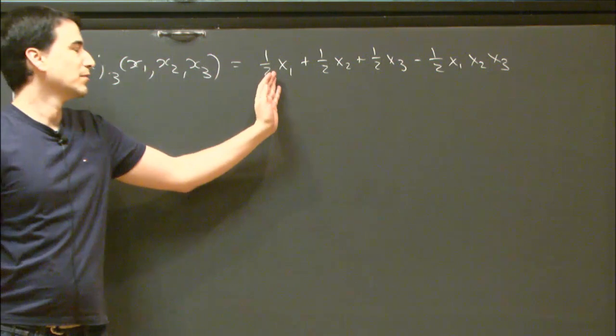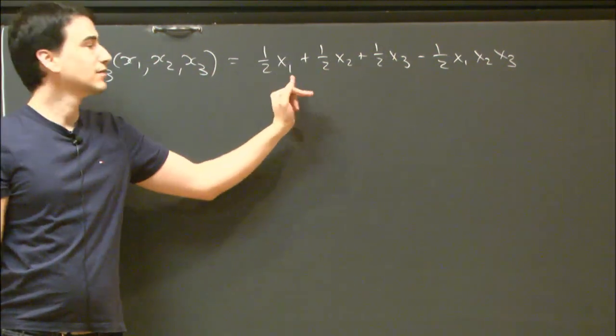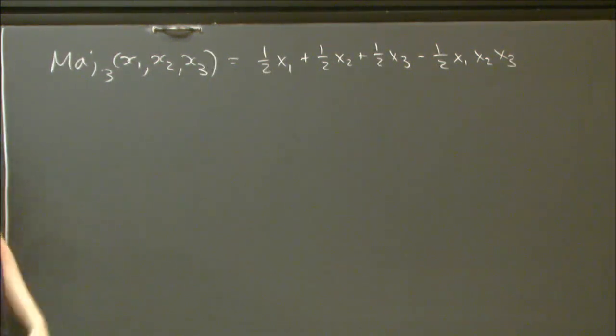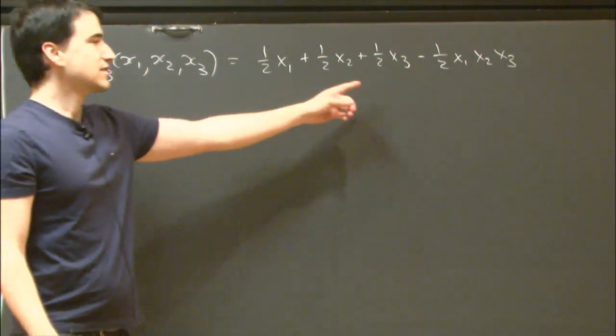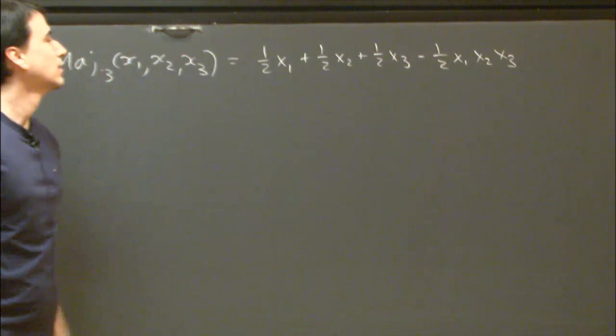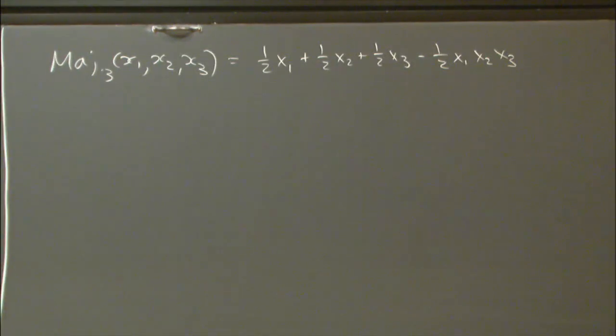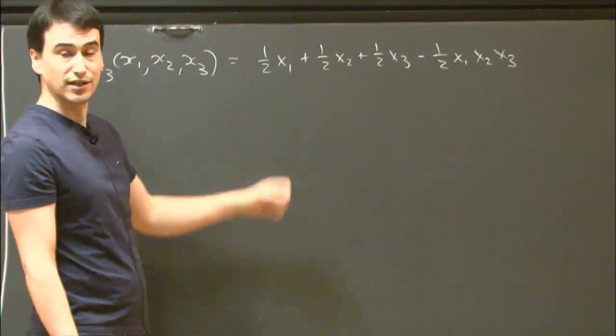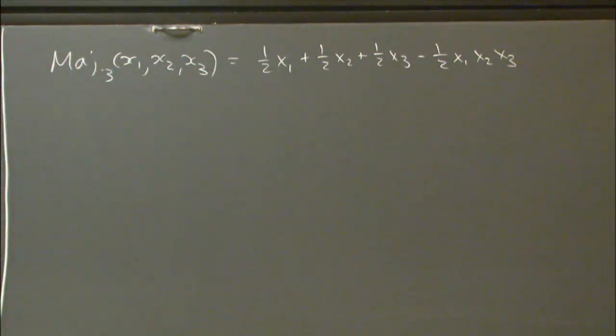For example, take all of them to be 1. You get half plus half plus half minus half, so you get 1. Check any other possibility, and you will see that it agrees with the function. And you can see that the sum of squares is 1 here. And each coefficient measures the correlation between the majority function and this character.